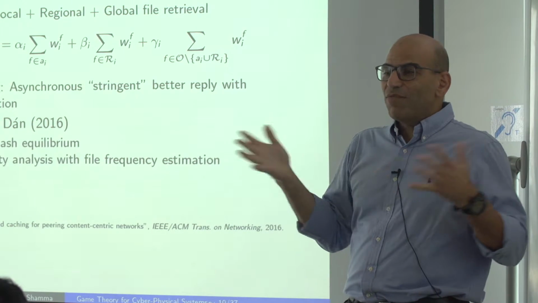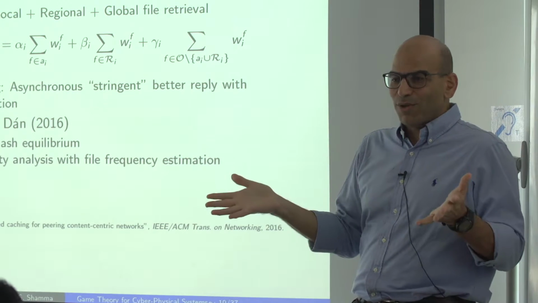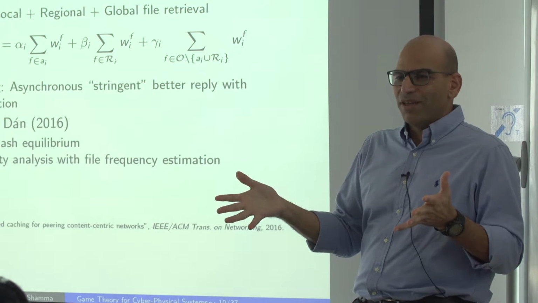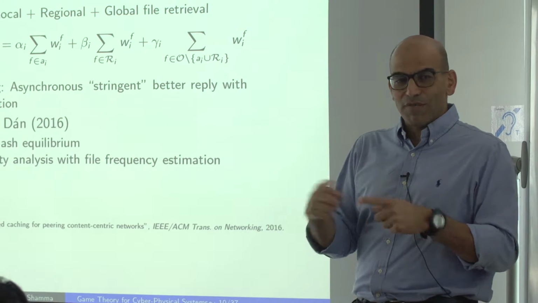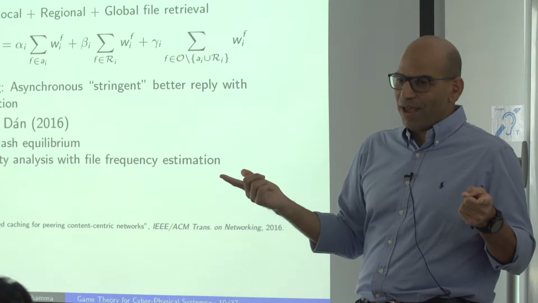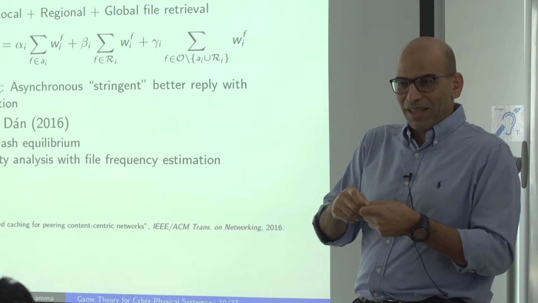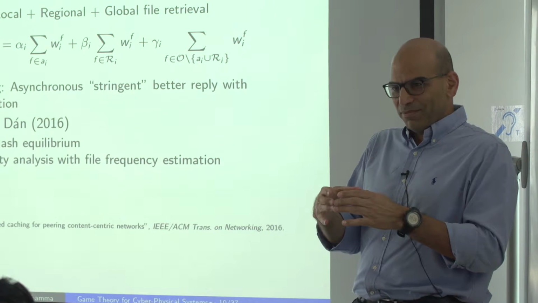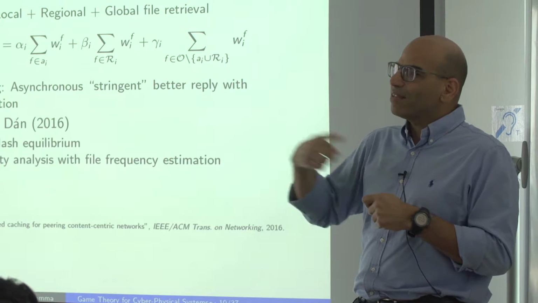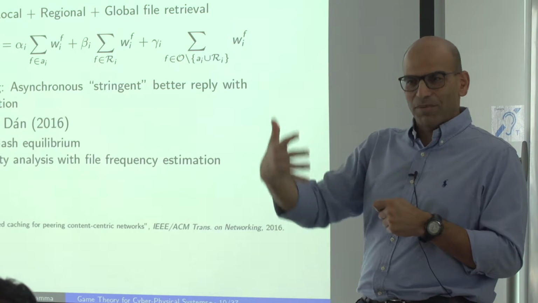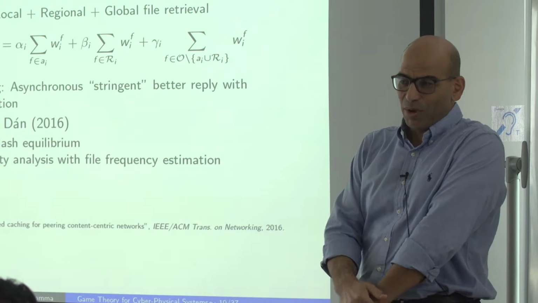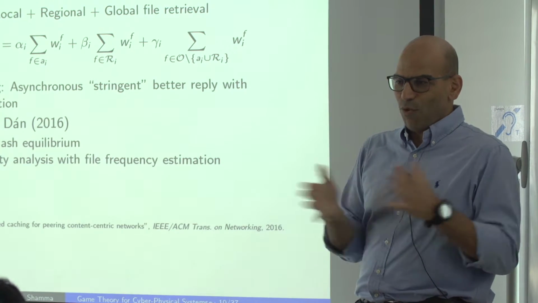There's no way we even know the network topology. We're not going to form a function of what is the delay as a function of the routing decisions of everybody in the network. But we can estimate that when I use a particular routing rule, if I get some feedback, then I can try to get some estimates of the delays that I'm experiencing. But we'll never try to actually form this function.